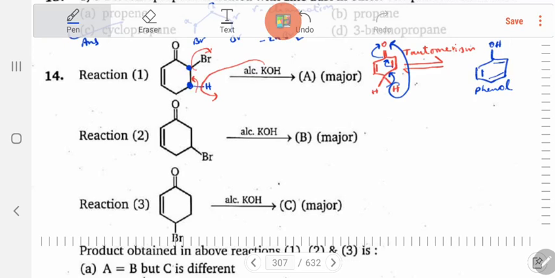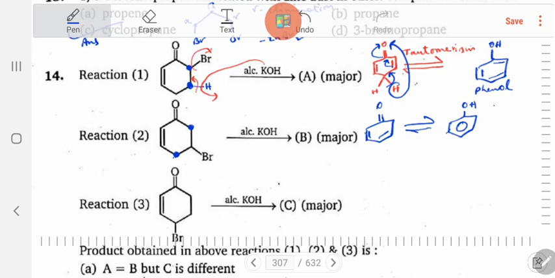Now coming to reaction 2. Now this is beta, this is beta. Now this alcoholic KOH tries to abstract hydrogen from here, because when it is removed you will get a double bond which will be in conjugation. So first you will get a product. So the obtained product will be this. Now again this will tautomerize. When this tautomerizes, you will get phenol as the product.